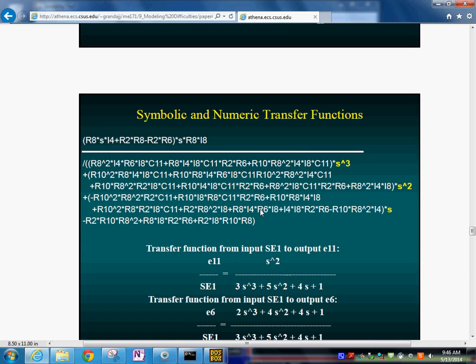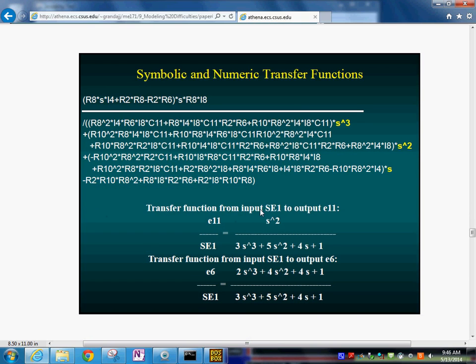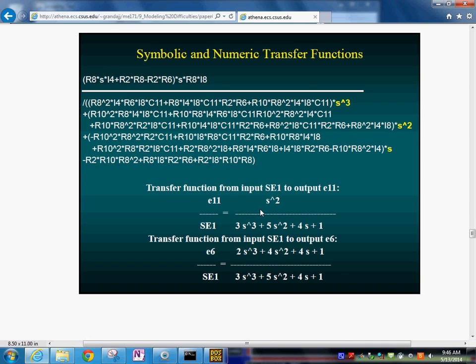Now, if you do a transfer function under the circumstances, remember that using that expression based on the matrices, you can actually produce the transfer function.